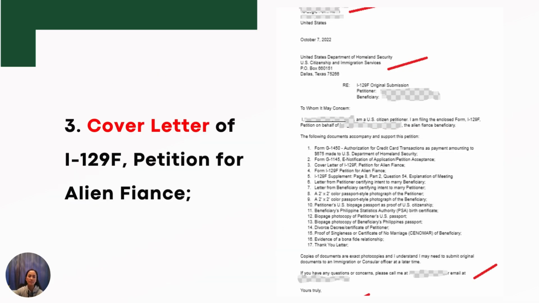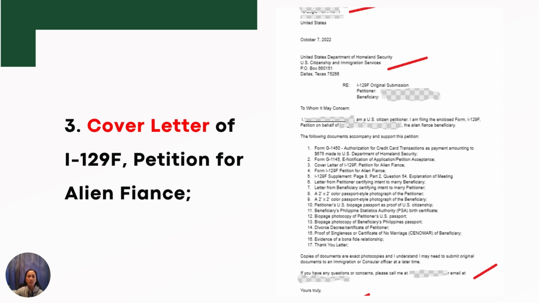Number 3 is to prepare a cover letter for your I-129F, or petition for alien fiancé. The picture on the screen is basically the exact copy of the cover letter that we included in our petition.